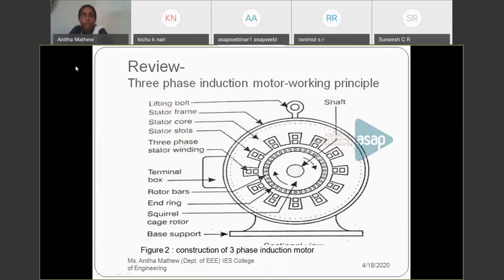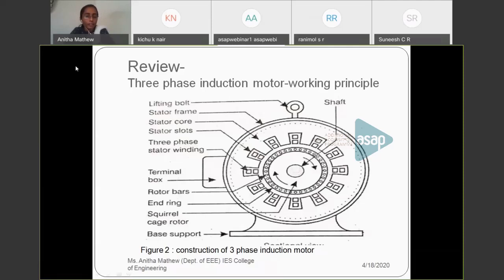A three-phase induction motor works on the principle of Faraday's laws of electromagnetic induction. The law says that whenever the magnetic flux linked with a conductor changes, an EMF is induced in it. Here, when three-phase supply is applied to the stator winding, a rotating magnetic field is developed.